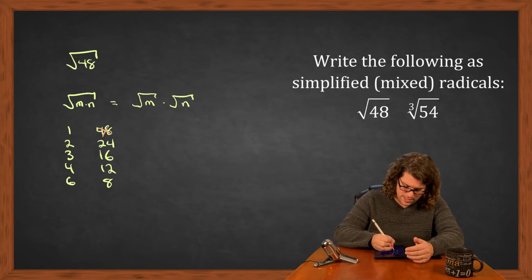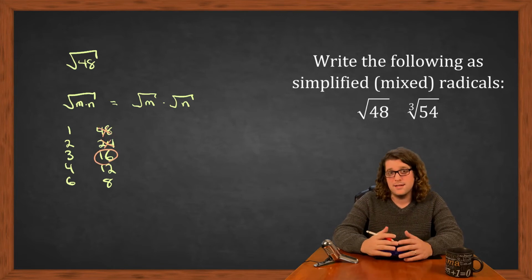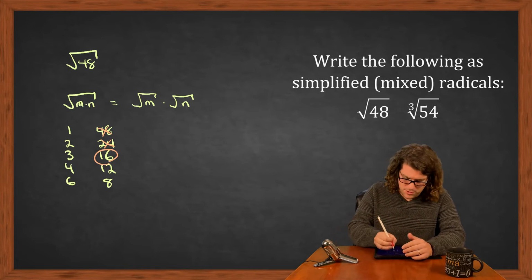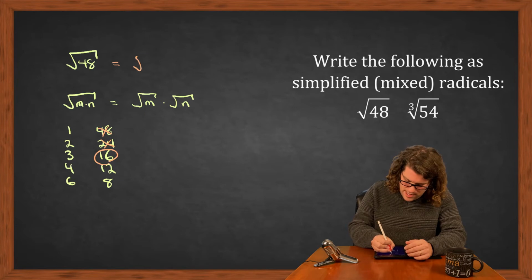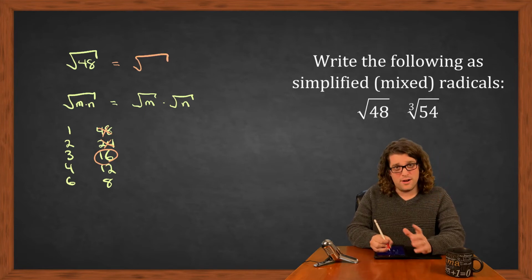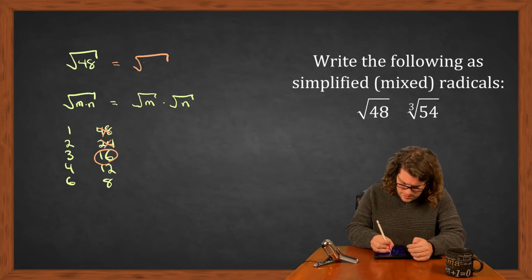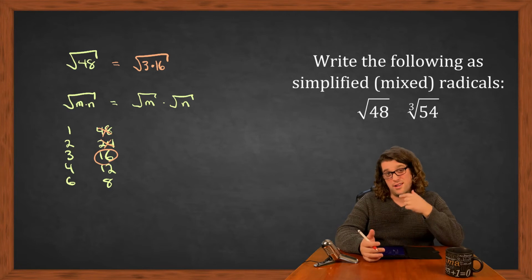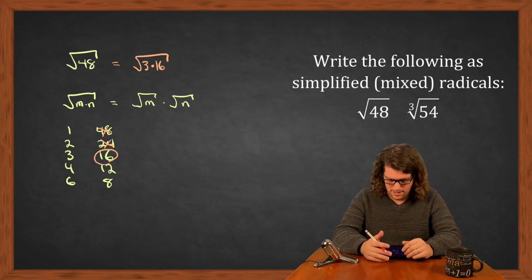So it's not 48, it's not 24, it is 16, because 16 is 4 times 4. So I'm going to rewrite my 48 as a product of two factors that multiply to give me 48, which I'm going to take 3 and 16. Now, I probably should have written 16 and 3 because of the way I'd like to write it in the end, but it really doesn't matter.